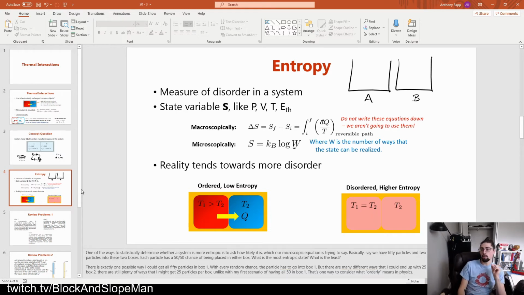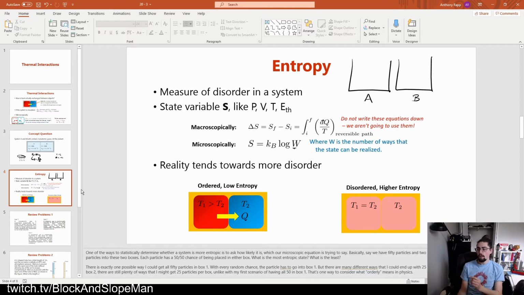And now imagine we take it one step further and we say, okay, 47 particles in bin A, 3 particles in bin B. Now we're growing the number of possible paths to get to that particular end result. And that's really another way that we can describe what entropy is. Higher entropy is more possibilities to get to that one particular place. It's the more likely scenario.